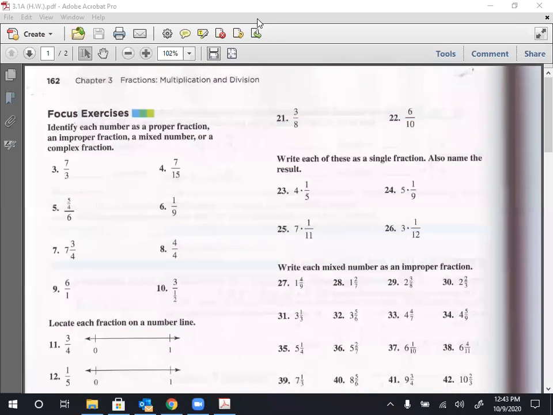So an improper fraction is one where the top number is bigger than the bottom number.